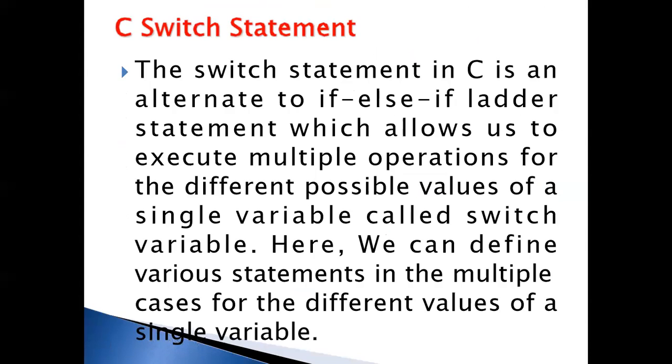The switch statement in C is an alternative to the if else if ladder statement, which allows us to execute multiple operations for different possible values of a single variable called the switch variable. Here we can define various statements in multiple cases for different values of a single variable. The variable is single, the cases are different: case 1, case 2, case 3, up to case n, and finally the default case.